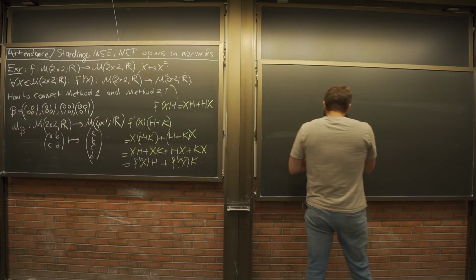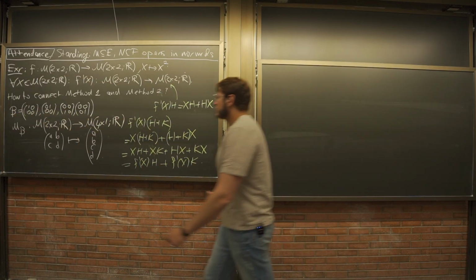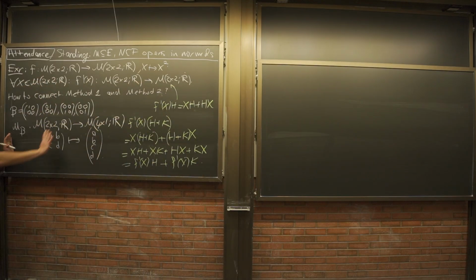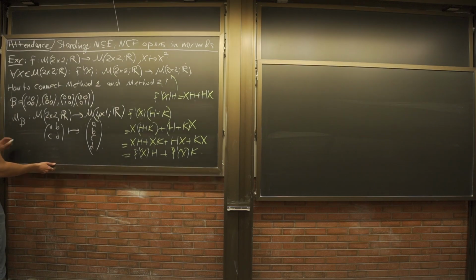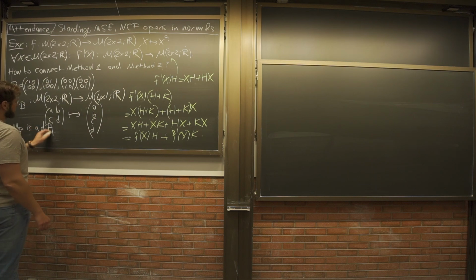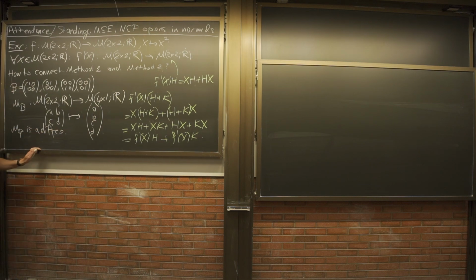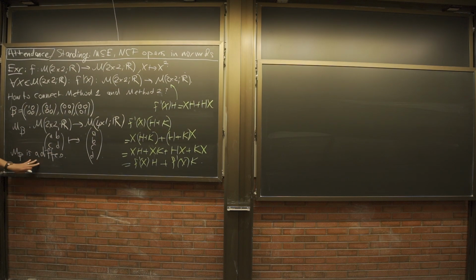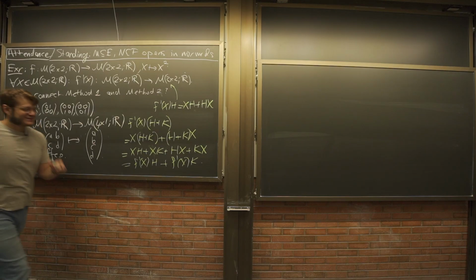And so, before I continue, are we happy with this? This is a diffeomorphism. So I can differentiate this. Okay, it has a derivative. And furthermore, I'll say this in a second.